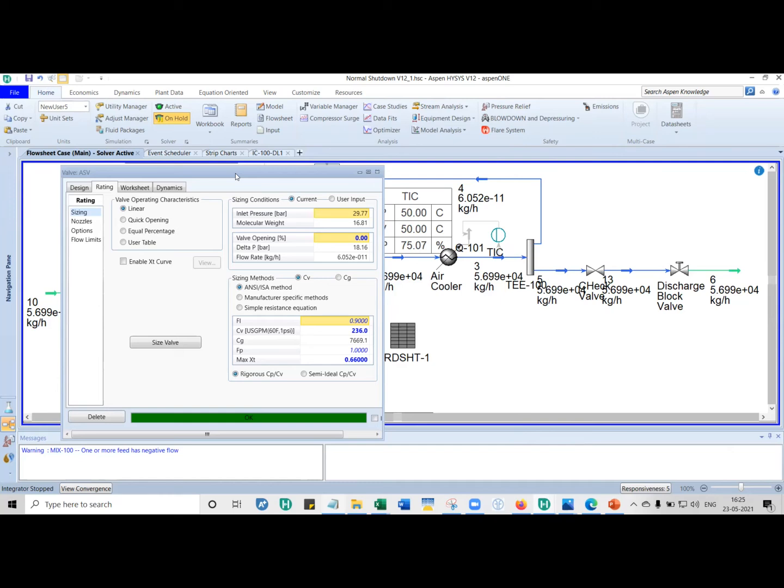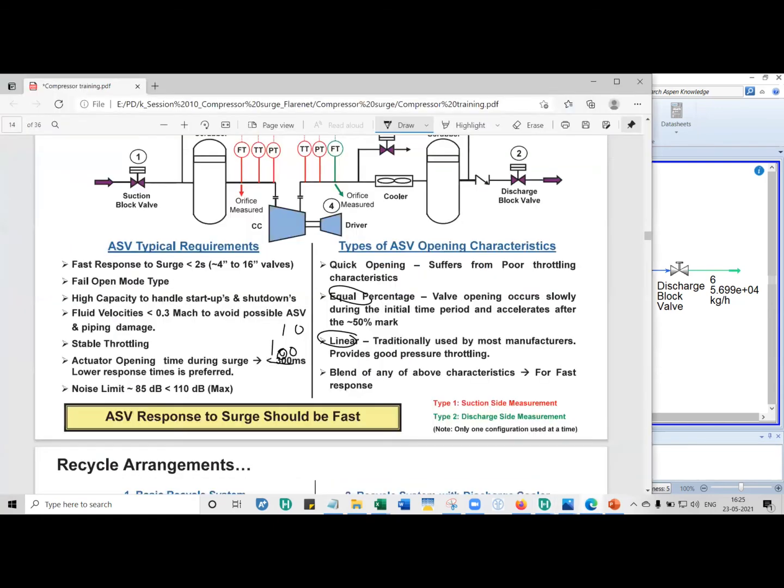You can estimate, but you must share those results with the compressor vendor, because he gives you the guarantee and warranty. It is his piece of machinery, and he has the final say as to what should be the anti-surge valve size.